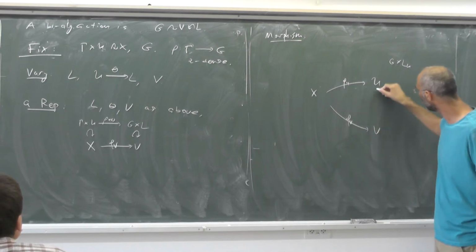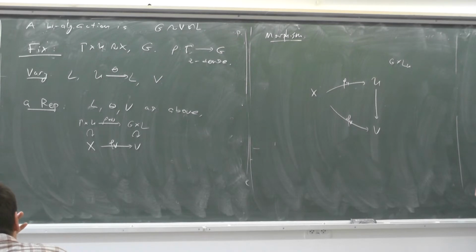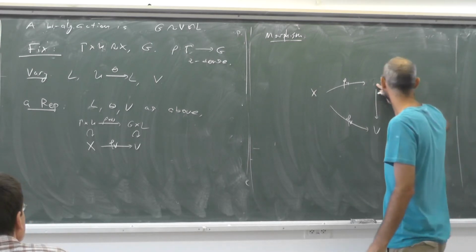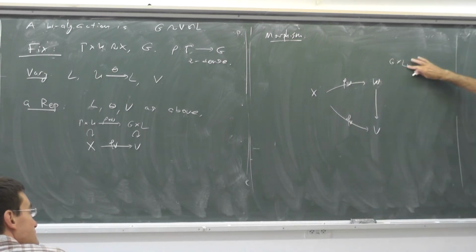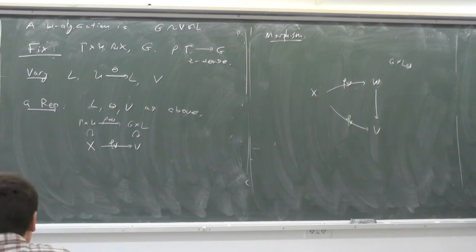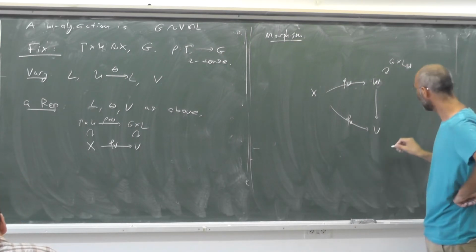PU, PV. Maybe U is okay. Maybe W? Maybe W? U is the name of the group. Right. Thanks. And okay, so this acts here.